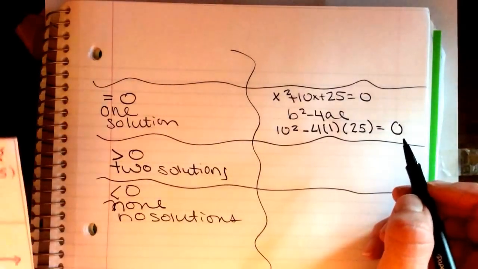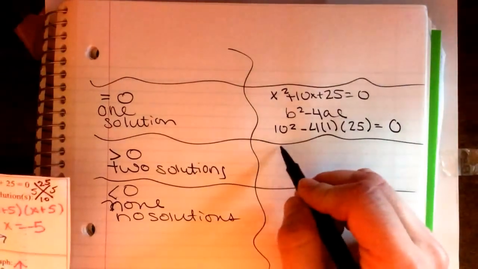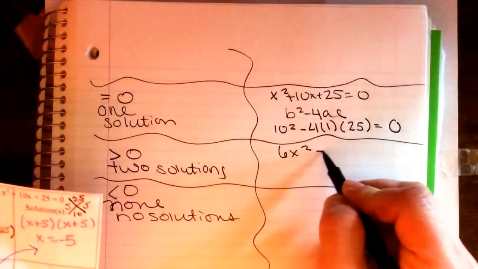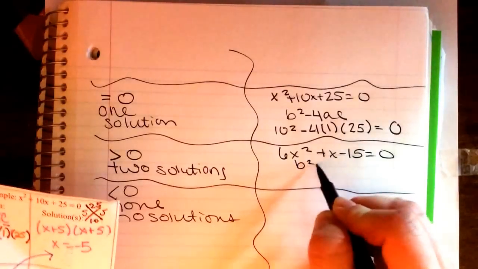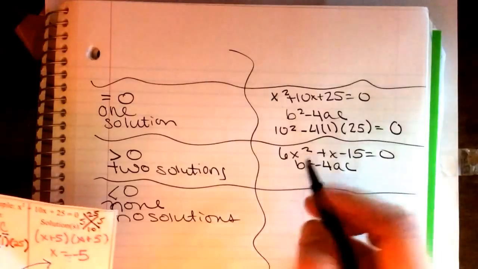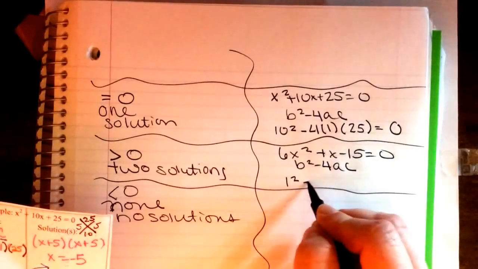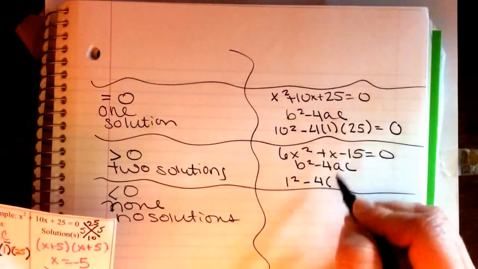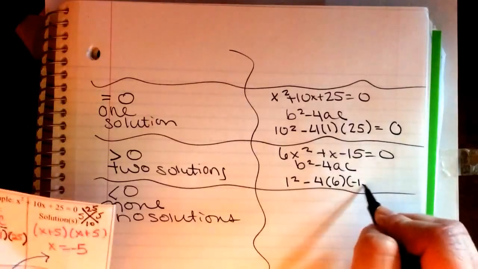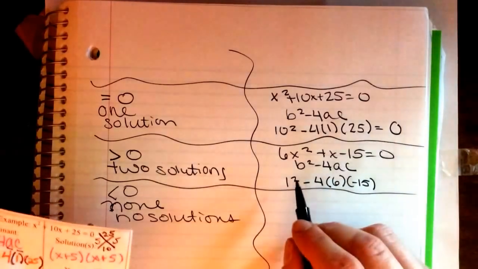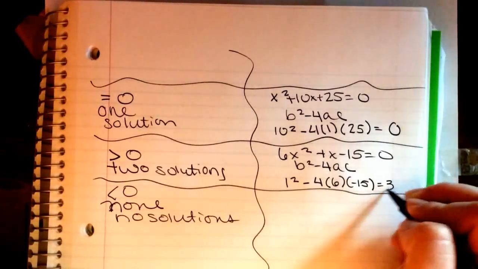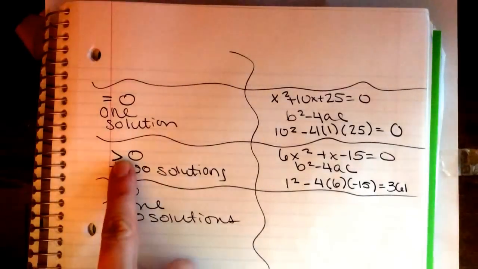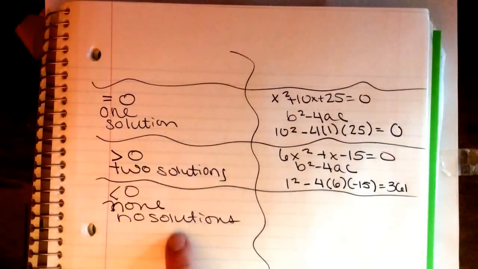The next one, when there were two solutions, I had the equation 6x squared plus x minus 15 equals 0. B squared minus 4ac, I do 1 squared minus 4, 6, negative 15. Okay, so when I went through and did this, I get a result of 361. This is greater than 0, therefore there's going to be two solutions.